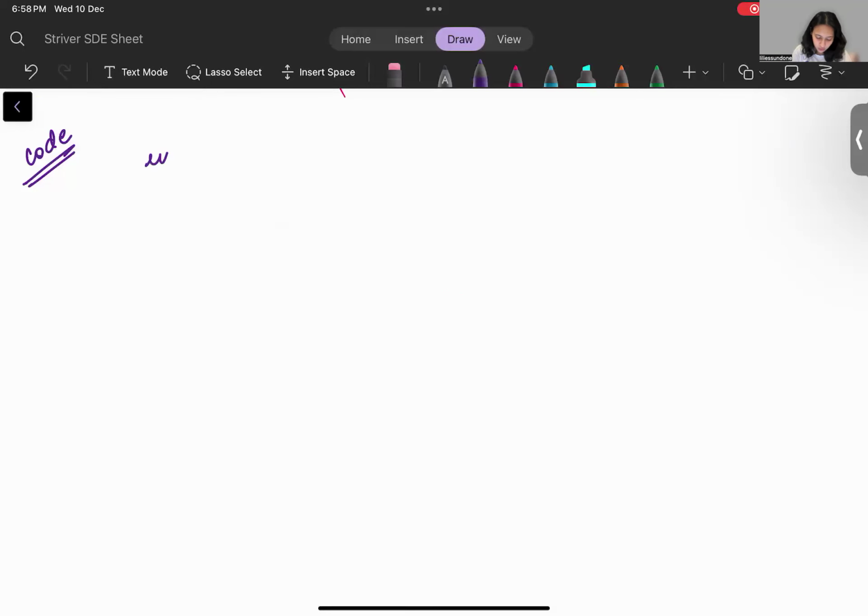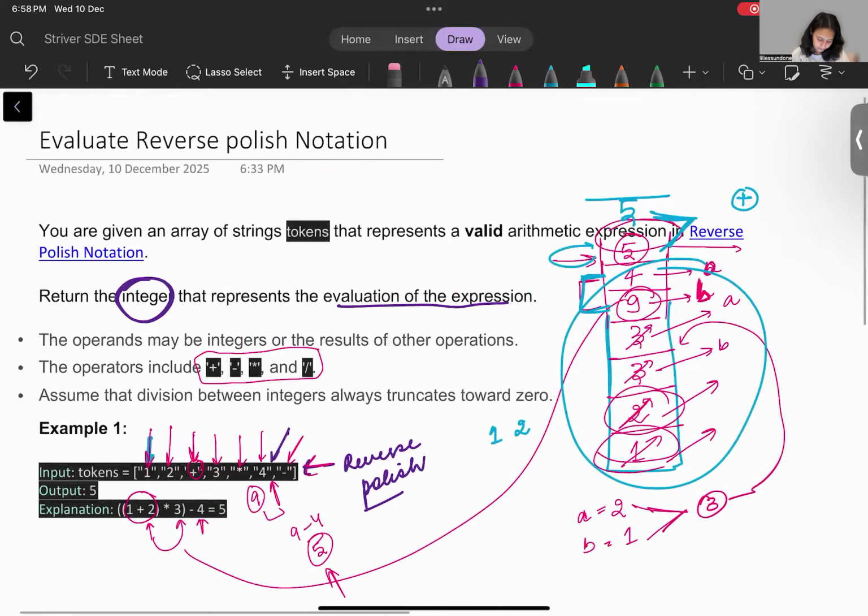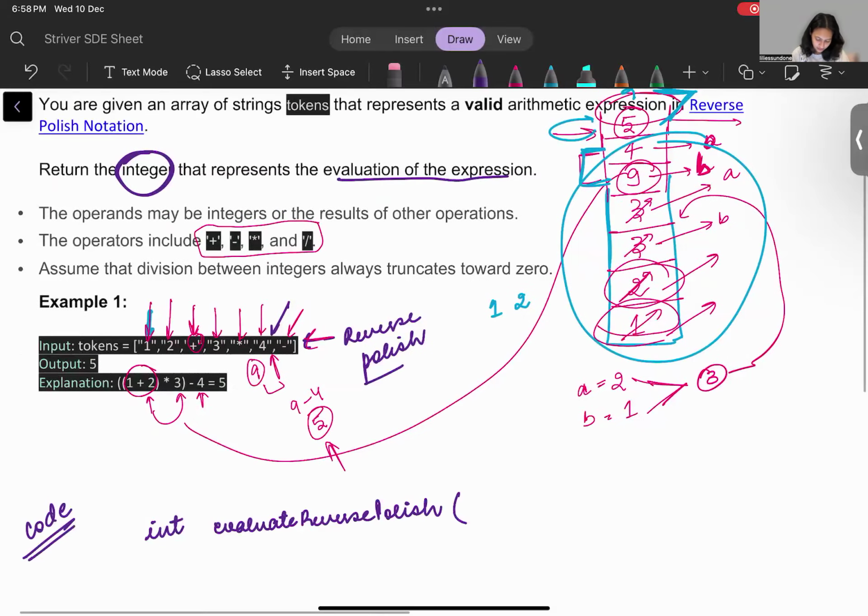So we have to return what? Integer, right? And then let me write the function. The function says evaluate reverse polish, right? What has been given to us in input? This is a string vector, right?